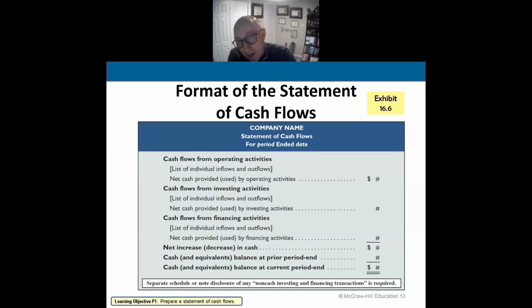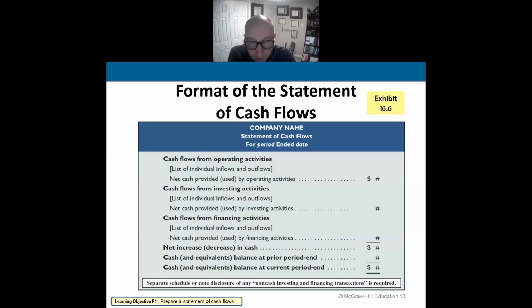For investing activities, cash coming in from the sale of property, plant, and equipment minus cash going out for the purchase of property, plant, and equipment equals net cash flow for investing activities. For financing activities, cash coming in from the issuance of bonds, stock, etc., minus cash going out, paying out dividends, repaying loans, etc., equals net cash flow for financing activities.